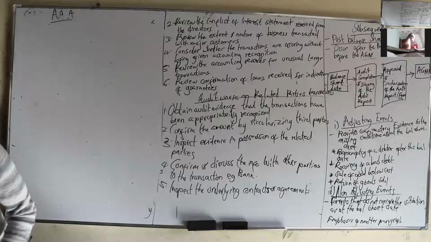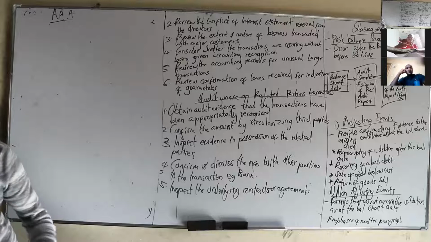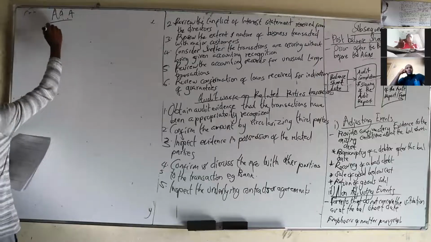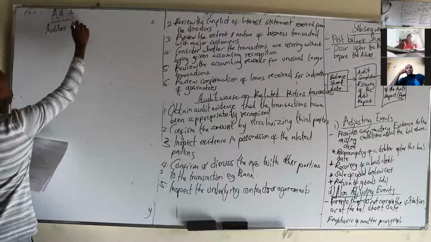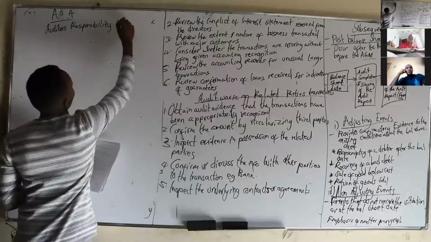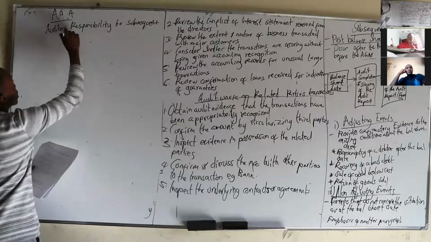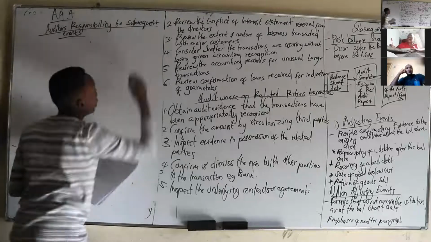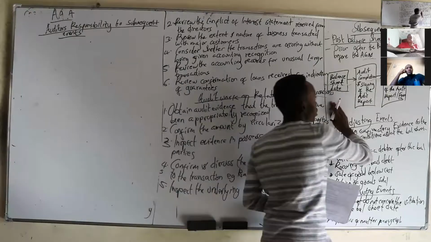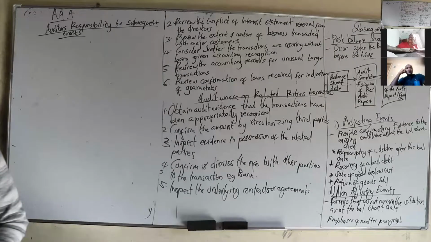So the auditor has certain responsibilities for these adjusting and non-adjusting events. For you to understand the auditor's responsibilities to subsequent events in key detail, I want you to look at how these questions are actually set. So you can look at May 2017, question 1.